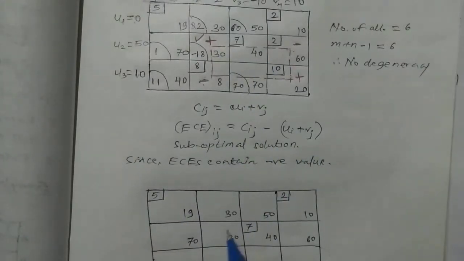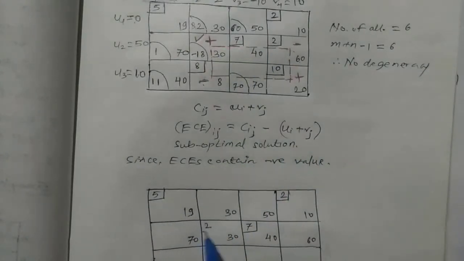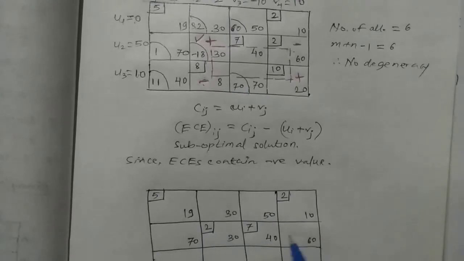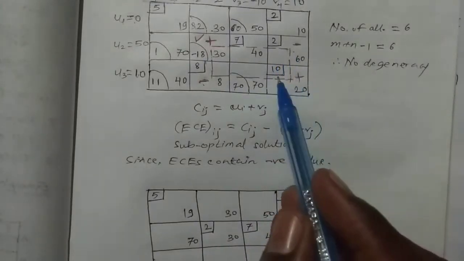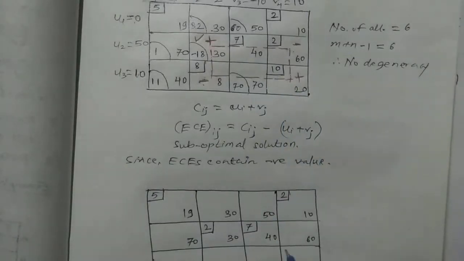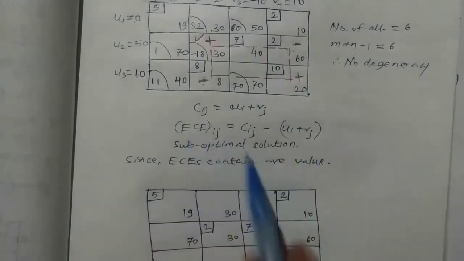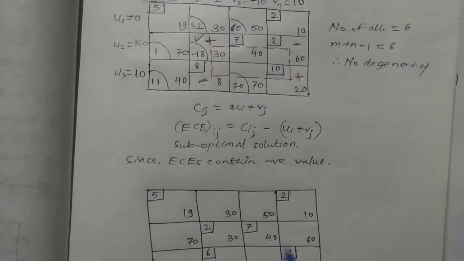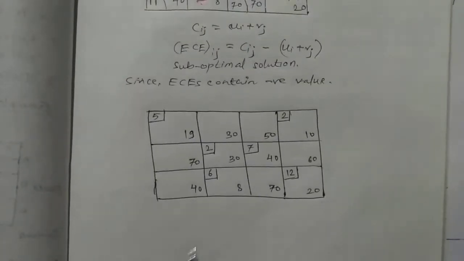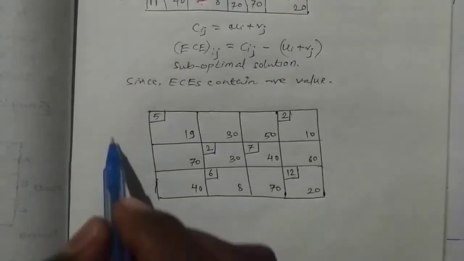So here the allocation will get value 2. So it will vanish from this place. 2 minus 2, 0. Now 10 plus 2, 12, and here 8 minus 2, 6. So this is the modified set of allocations now. Now again apply the MODI method.